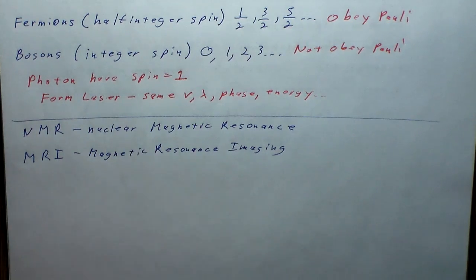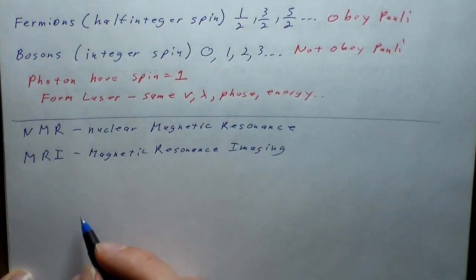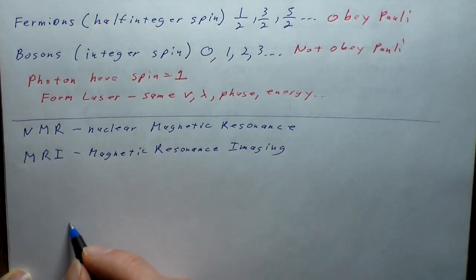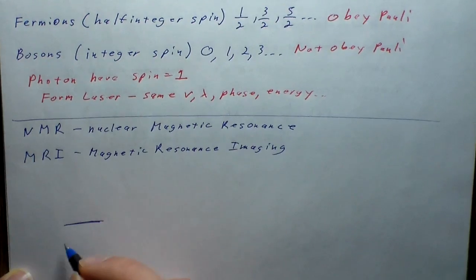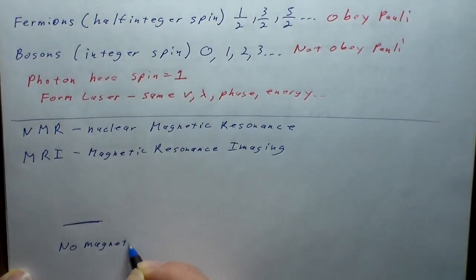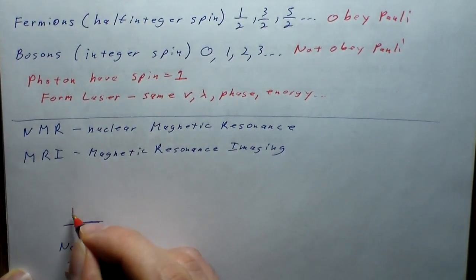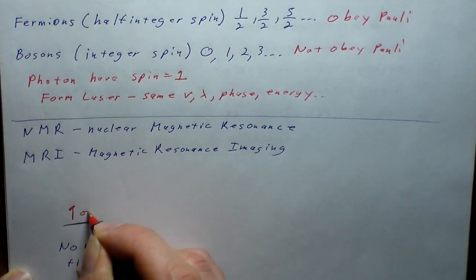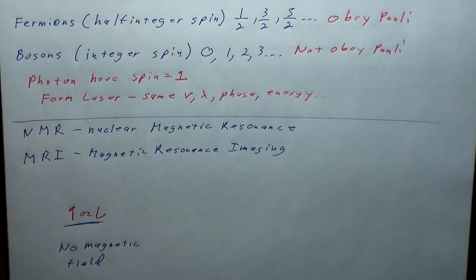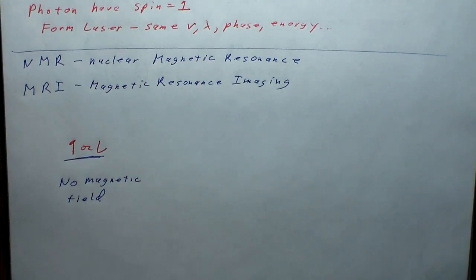Now, how this actually works is if we have a particle, or I should say a proton. If we have no field, essentially the spin of my proton can either be up or down, and it's going to be at the same energy level. So without an external field present, it can be either up or down. There's no way to tell which one it actually is.